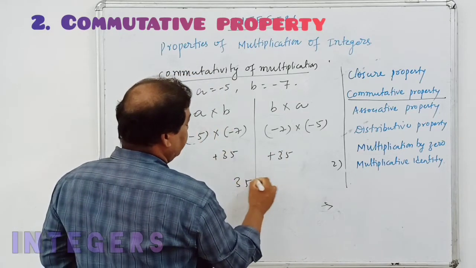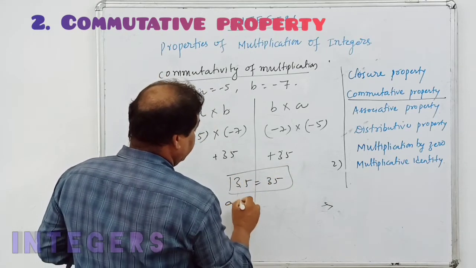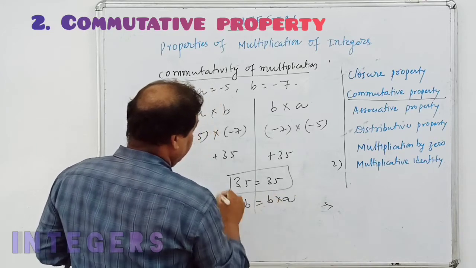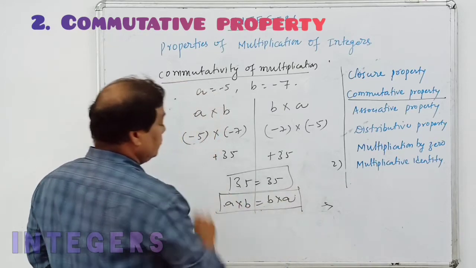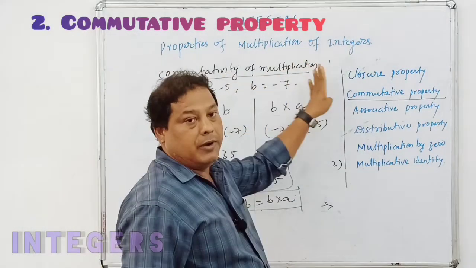That means 35 is equal to 35. So we can write a into b is equal to b into a. So it is closed under commutative of multiplication.